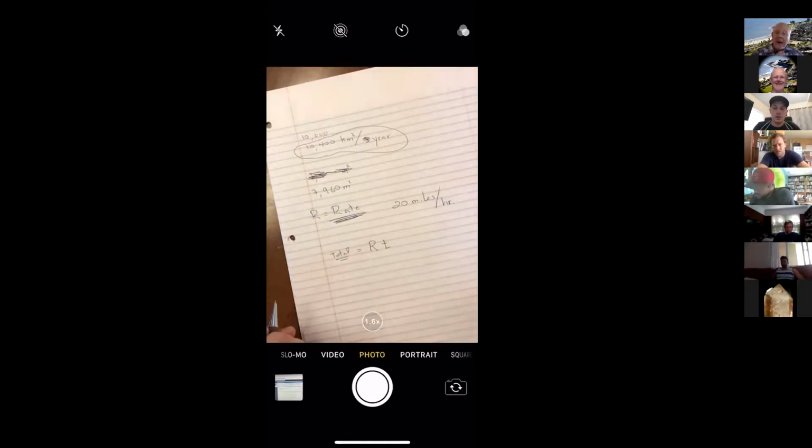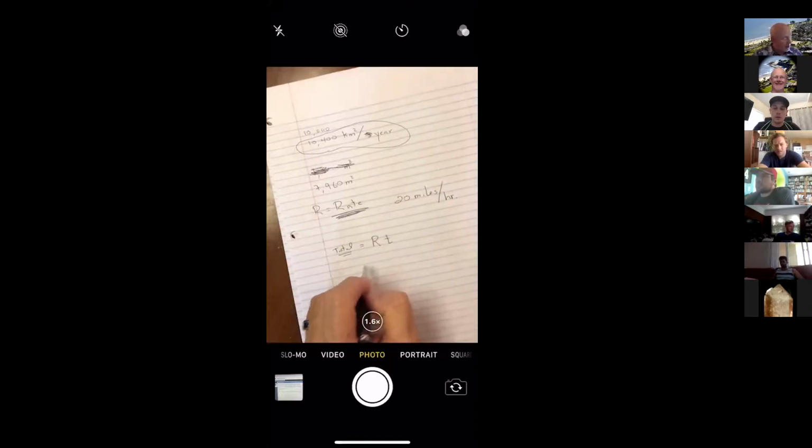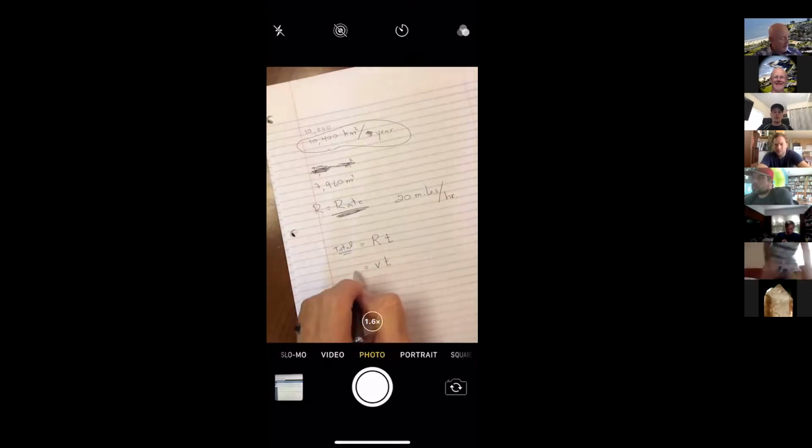If this was my bike, I would call my rate my velocity. Velocity multiplied by time would give me my distance.